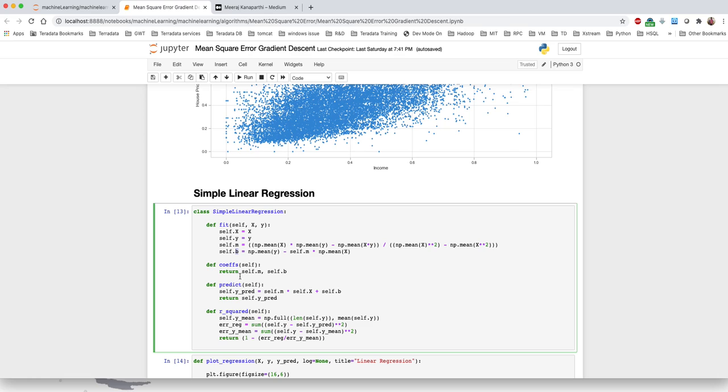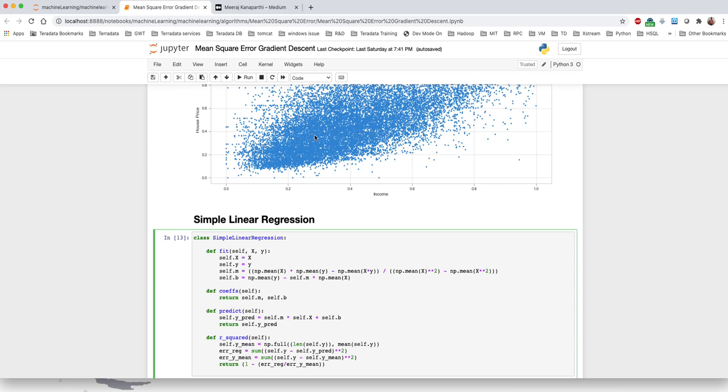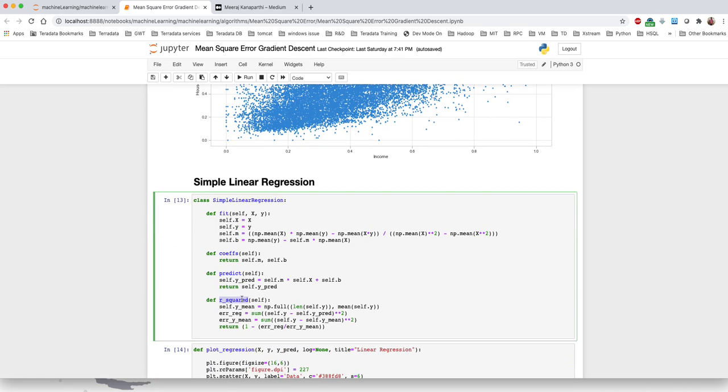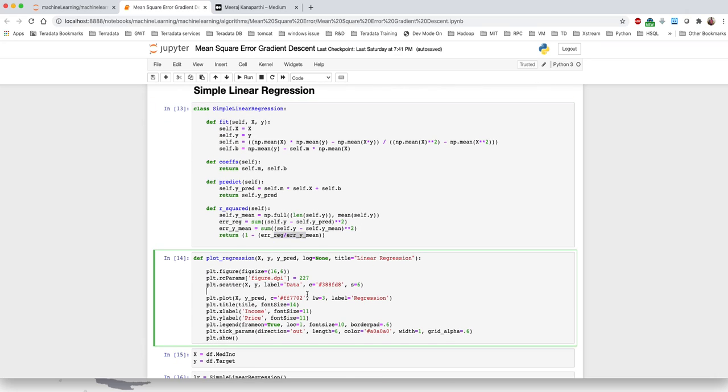Once we get the slope and bias, you can predict the house price for any given input, and then R square. For R square, we check the difference between the predicted and the original mean, take the sum of squares, and then use this particular formula so that we can calculate the mean square error rate.